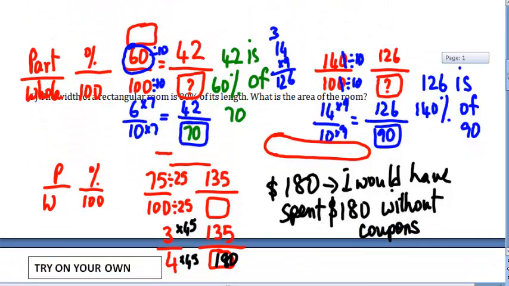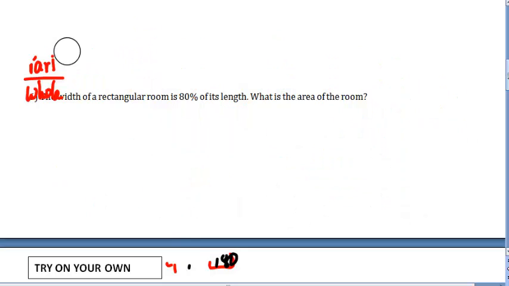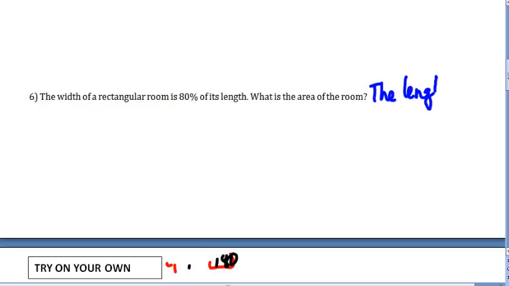Let's finish the last problem. In this case, boys and girls, they're asking us about the length and width of a rectangle. What I want you to do is, I sort of forgot to write this piece in, so write this in, because without this piece of information you wouldn't be able to solve the problem.